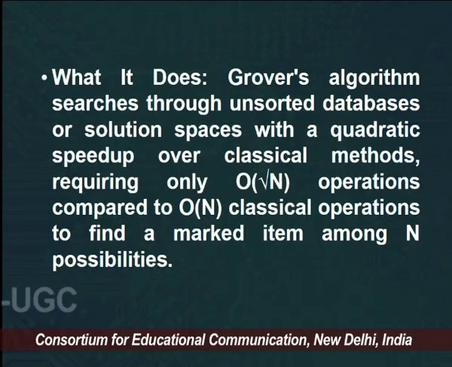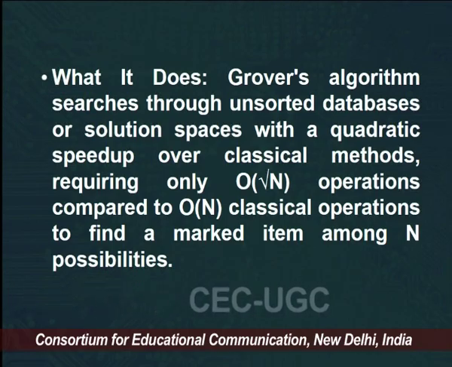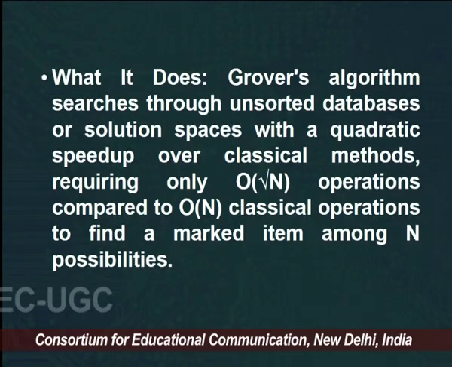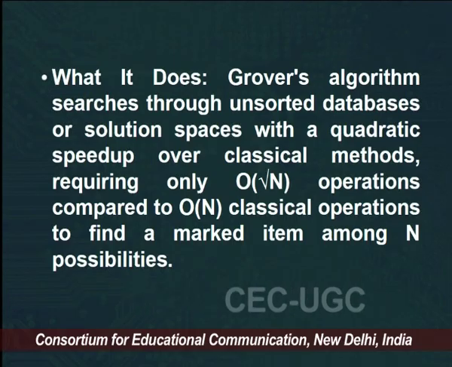So to find a marked item among n possibilities, the database can be searched through O(root n) operations, whereas classically O(n) is used. So by using this, data retrieval can be faster.